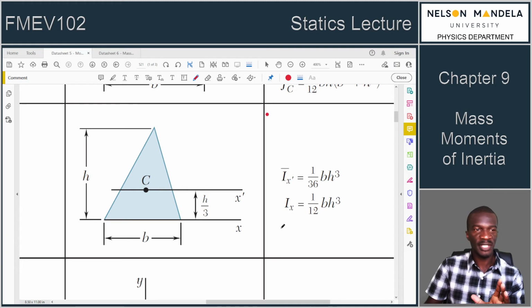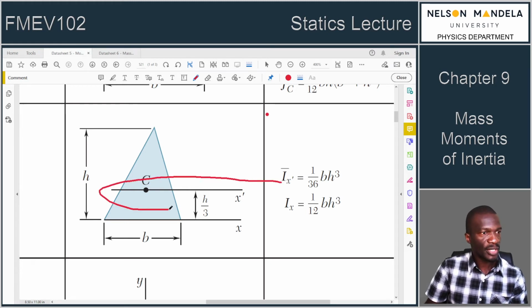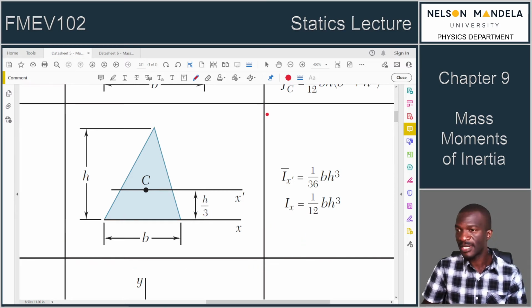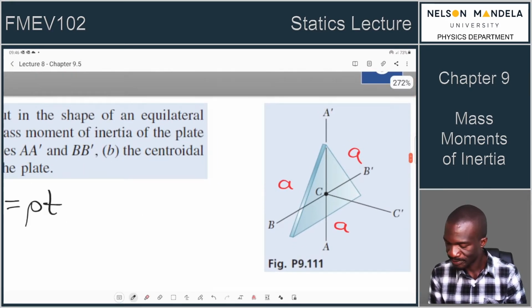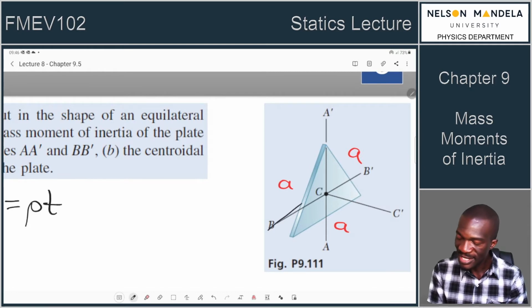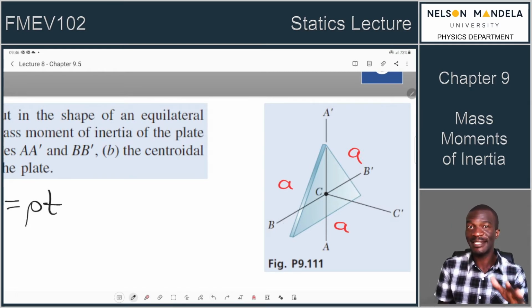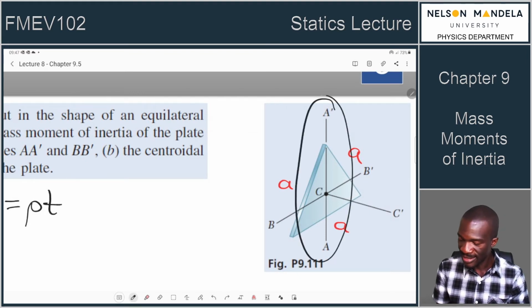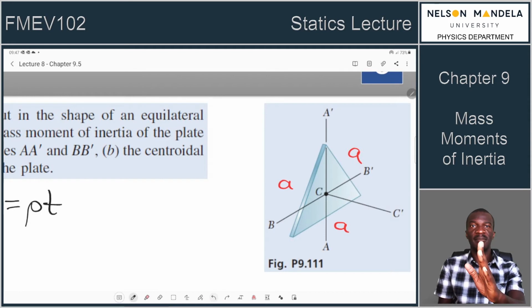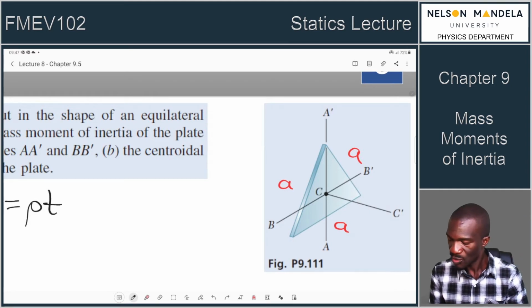So the moments of inertia that we're given are for the centroidal axis and the base axis. Let's look at this triangle and this AA prime and see what it means. BB prime is the centroidal axis, so we can easily find our IBB prime. But AA prime is a centroidal axis in the vertical, and from the areas that we were given, we do not have an I about the Y.